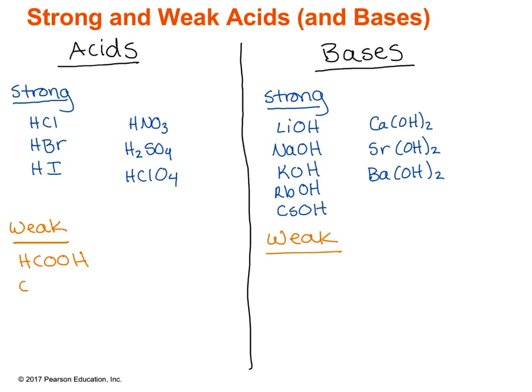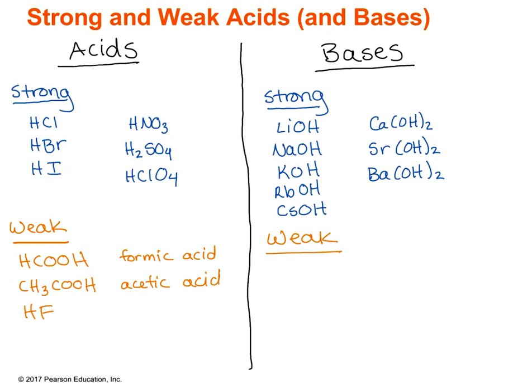Acetic acid, which is found in vinegar, that is also weak. And then we also saw the example of hydrofluoric acid. So let's see, I'll write the names next to each here, since these are somewhat new.